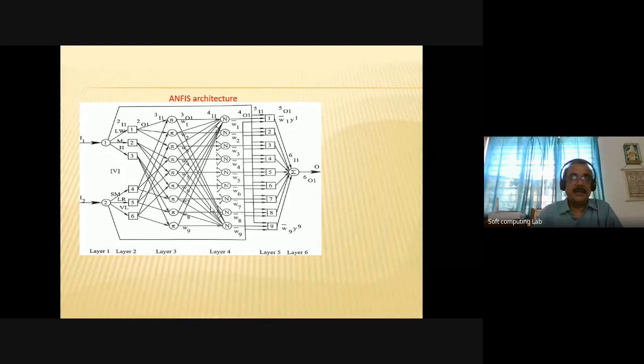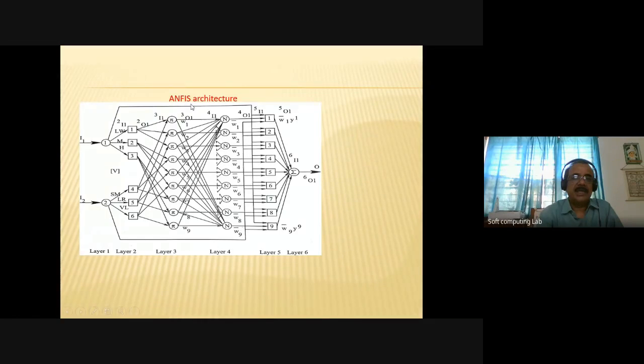And then it will be trained either using backpropagation, or you can use some genetic algorithm, to find out this input-output relationship as accurately as possible. Let me spend some time so that all of you can understand a little bit.